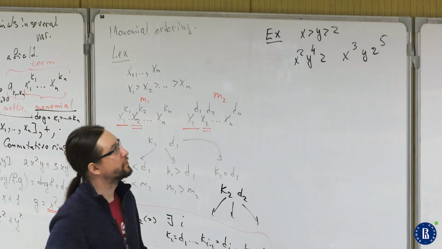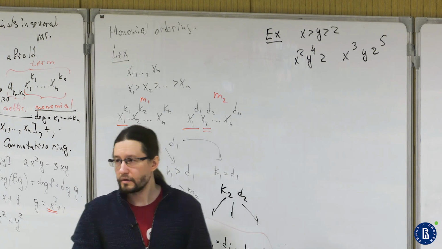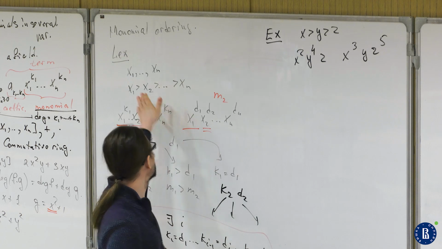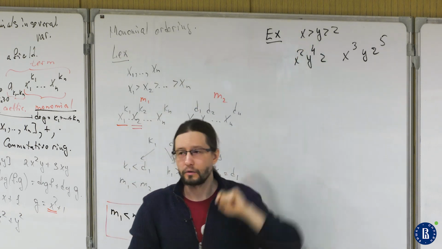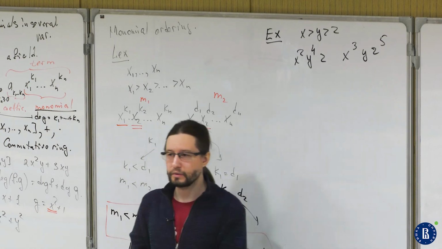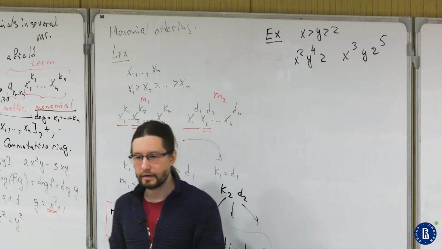Let's say we have these two monomials. Which one is higher using the lexicographical order and this ordering of the variables? The first one or the second one? Which one is higher? The second one.